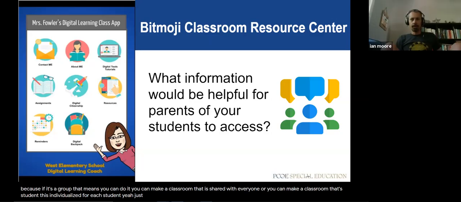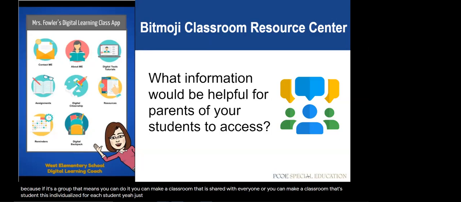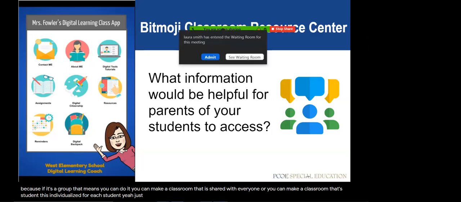I agree that you can't put the individual plans individually, but maybe you would have to do a singular Bitmoji, with a template like Ian's saying, and just have an individual plan link. You might have to update each one, which is a little bit more work, but at the same time, I think it probably is worth it.